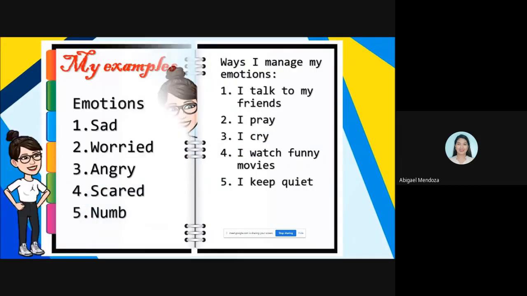Here are the ways I manage my emotions. When I'm sad, I talk to my friends. When I'm worried, I pray to our Lord. When I'm angry, I cry. When I'm scared, I watch funny movies. When numb, I keep quiet.